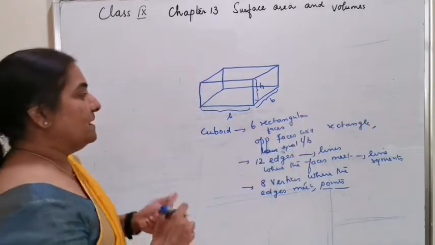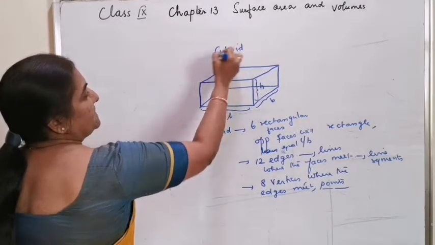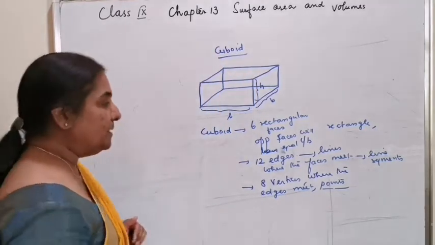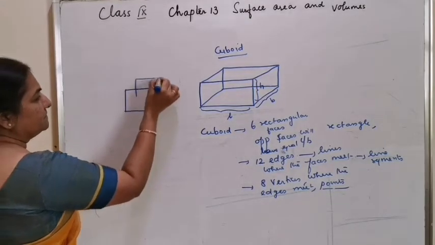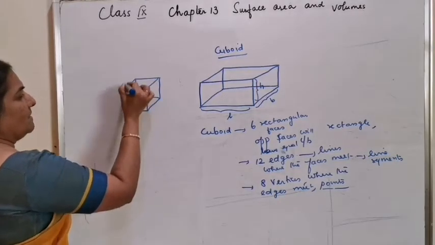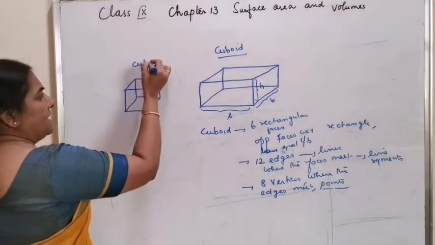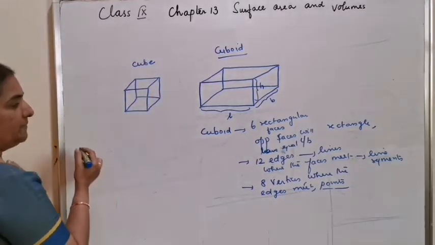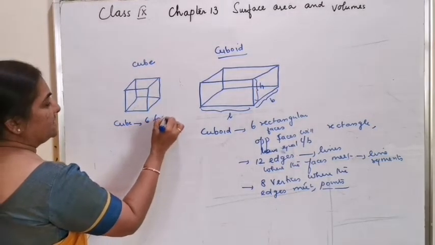And now similarly, how do you represent a cube? If there are only square faces, the solid formed is a cube. Same as a cuboid, a cube also will have 6 faces.